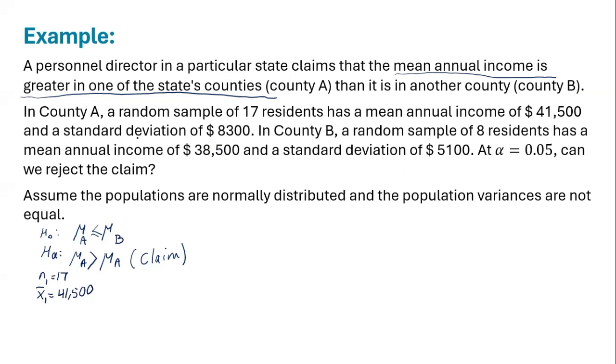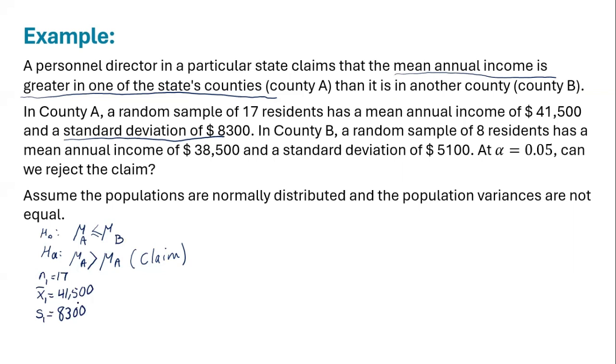This standard deviation is the standard deviation of the sample, because this sentence is talking about the sample. And when it says the sample has a mean and a standard deviation, that means this standard deviation is for the sample. So s1 is 8,300.